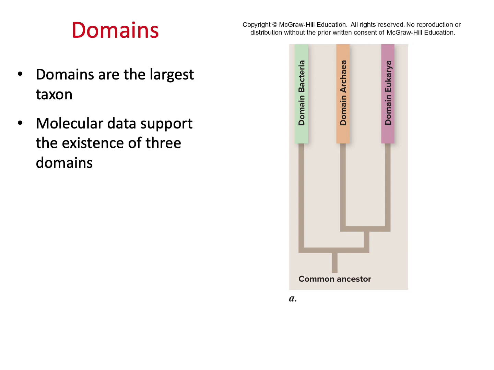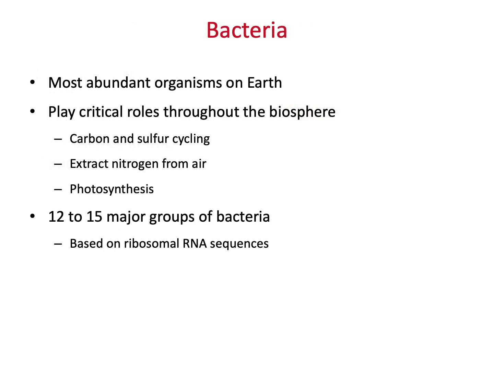So these domains include bacteria, Archaea, and Eukarya, which evolved from a most recent common ancestor called LUCA, which is the last universal common ancestor that gave rise to these 3 domains. So these 3 domains are probably monophyletic.